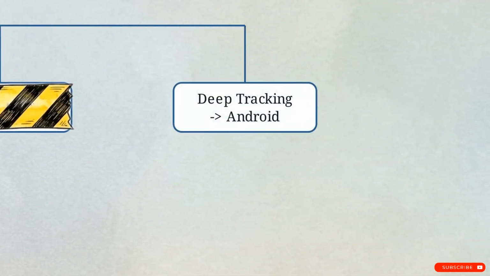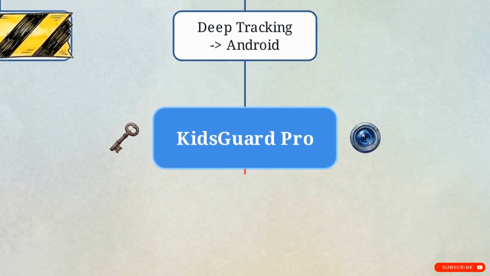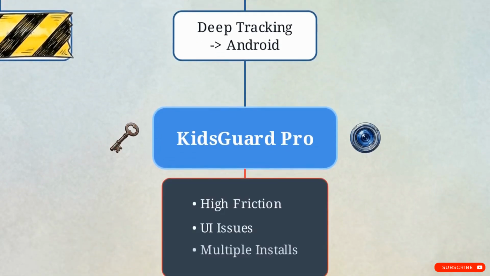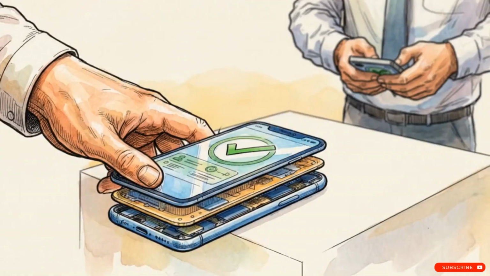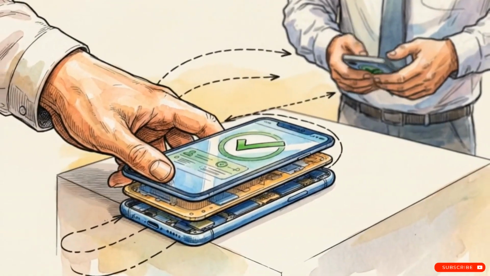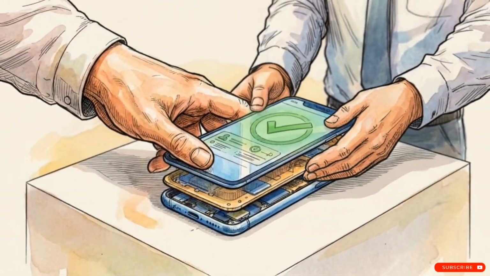The ideal user for KidsGuard Pro is a budget-conscious Android owner who prioritizes absolute stealth and deep surveillance, needing specific tools like a keylogger or AI photo detection. If that describes you, you have to accept the trade-off. Getting maximum data means tolerating the friction of installing multiple fragmented apps and navigating a clunky dashboard. When choosing a digital safety net, prioritize your family's actual data security and your own operational sanity over slick marketing promises.